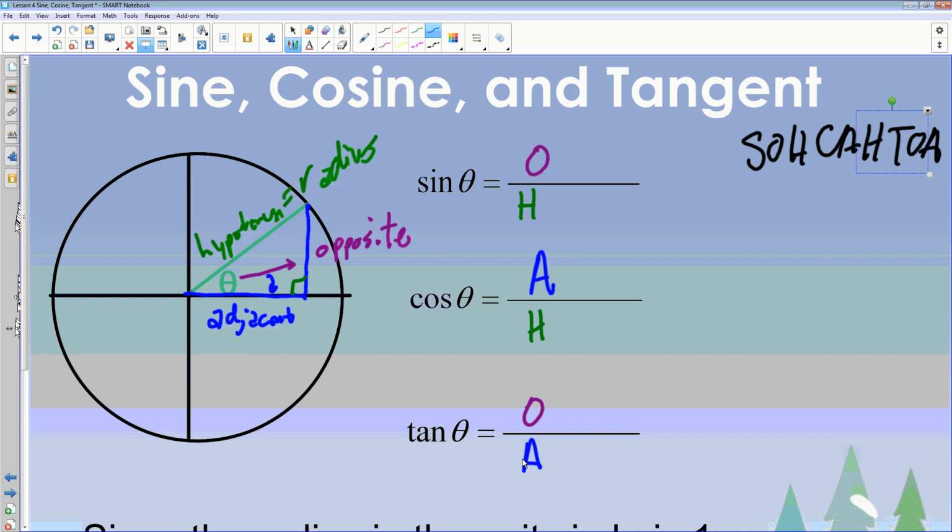Now, if we look at the unit circle, this drawing that we have here, you'll notice that the adjacent side represents your x distance, and your opposite side represents your y distance. So we can also think about sine as really being y over the hypotenuse.